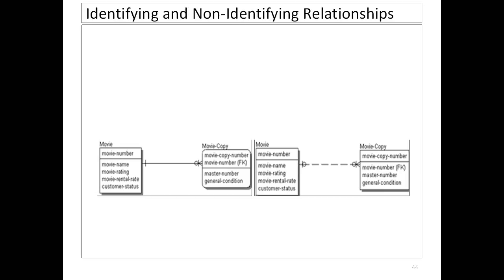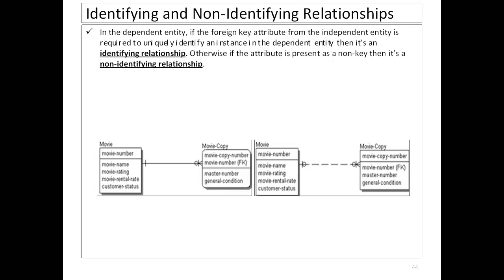Identifying and non-identifying relationships we will cover again over here. In the dependent entity, if the foreign key attribute from the independent entity is required to uniquely identify an instance in the dependent entity, then it is an identifying relationship.